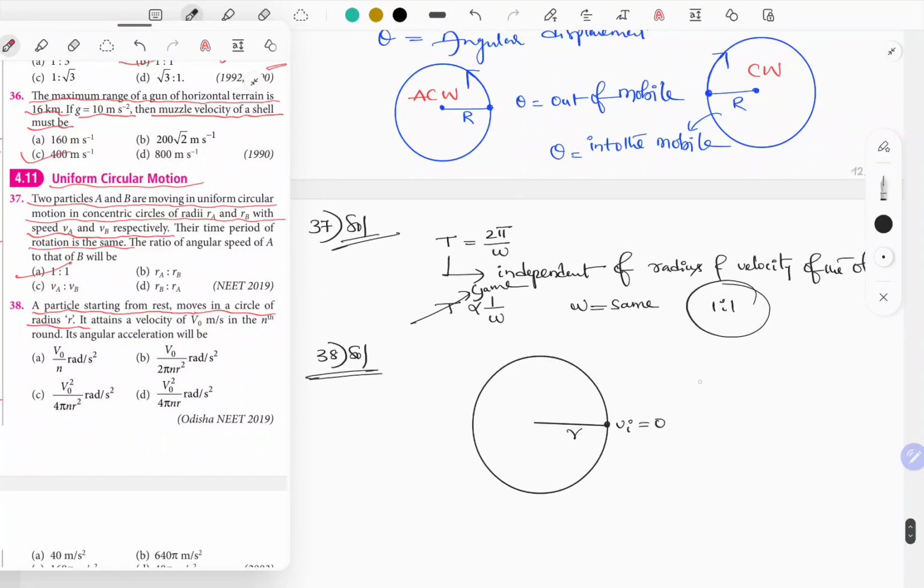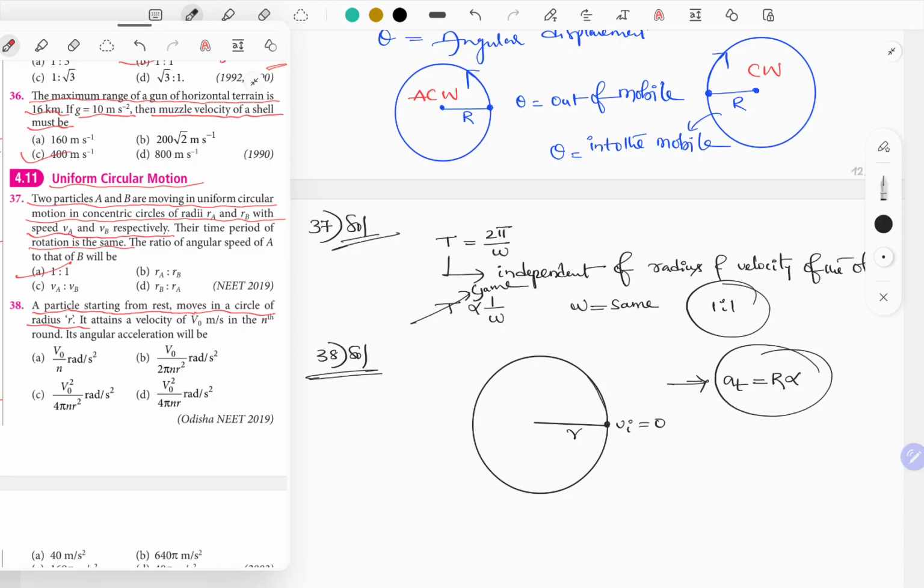What's the formula for angular acceleration? There is a relation between tangential acceleration and angular acceleration: tangential acceleration at is equal to r alpha. First of all, let me find the tangential acceleration after the nth round.